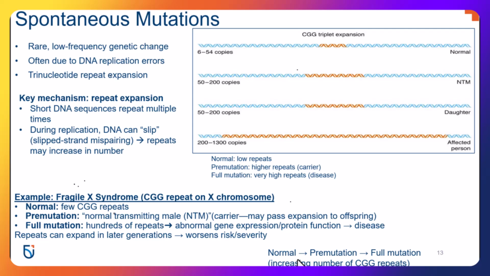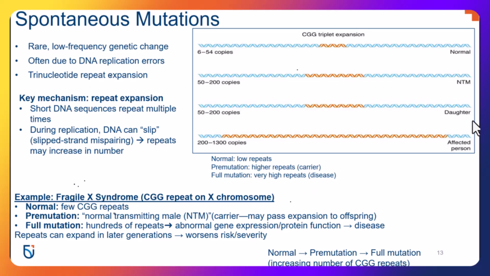Okay, so remembering that a father gives his X only to his daughters and gives his Y to his sons is important now, because if this non-transmitting male passes on his X chromosome, in this case, the one that is a premutation but still demonstrating those expansions, we know that he will be passing that on only to his daughter, because the daughters receive the X chromosome from their dads.